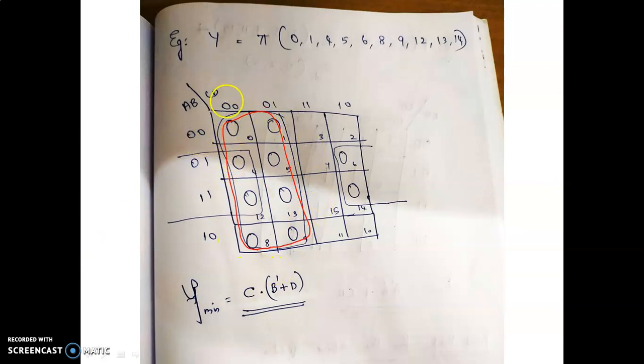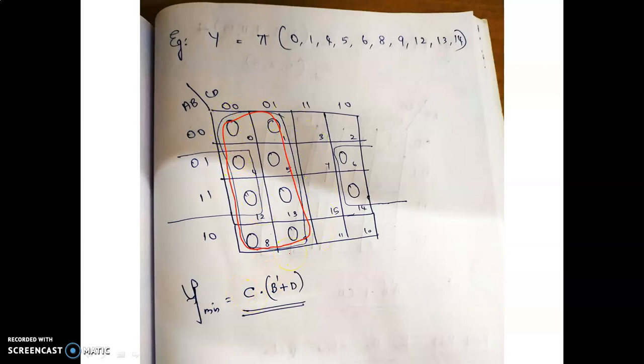So we check the CD values. C remains the same, but D changes. And you know that the C value is 0. In SOP, when the C value is 0, it is C bar. But in the case of POS, if the C value is 0, it is C, not C bar. Hence, represent as C. So that group representation is over.